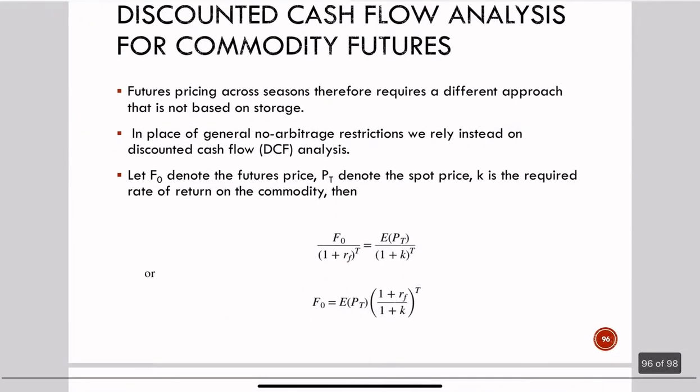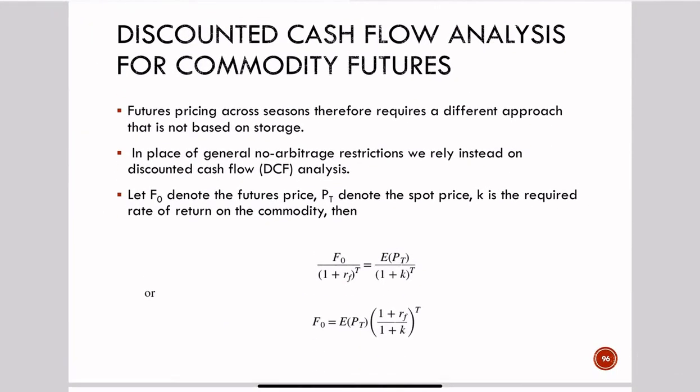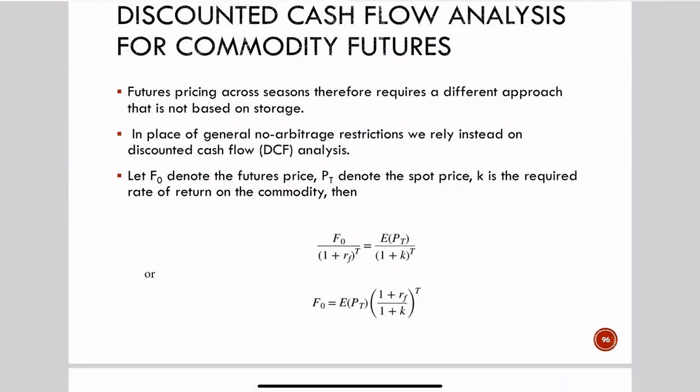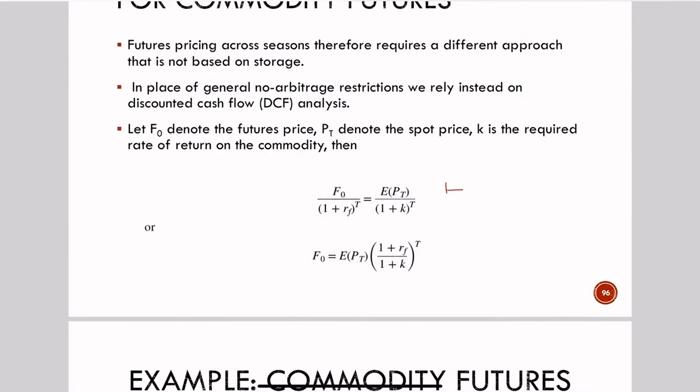So in this case, we can actually use a very simple discounted cash flow method. The idea is like this. Let's say we have 2 dates, okay? The initial date and date t. Date t here is the maturity date. So on date 0, you will enter this contract.